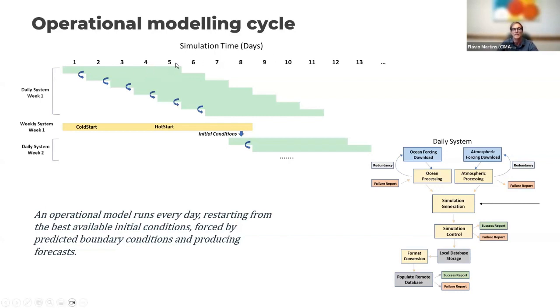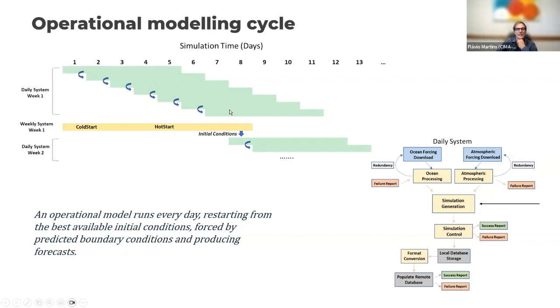So this is simulation time, not the time the model needs to simulate, okay? So next day, in day 2, the model starts running again and simulates another 5 days. And in day 3, the same, and in day 4, the same. So every day, you have 5 days of forecast, okay?